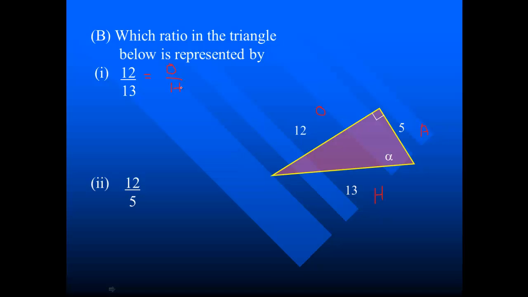So, according to SOHCAHTOA, O over H is defined as sine, but sine of what? These are all opposite, adjacent, hypotenuse to this angle, so we need to make sure that we write that angle. Can you please try question 2?